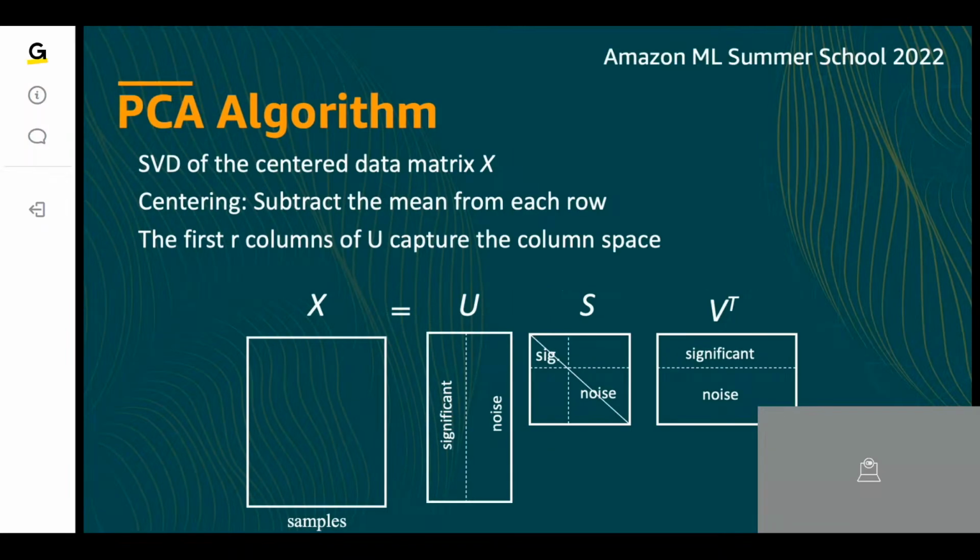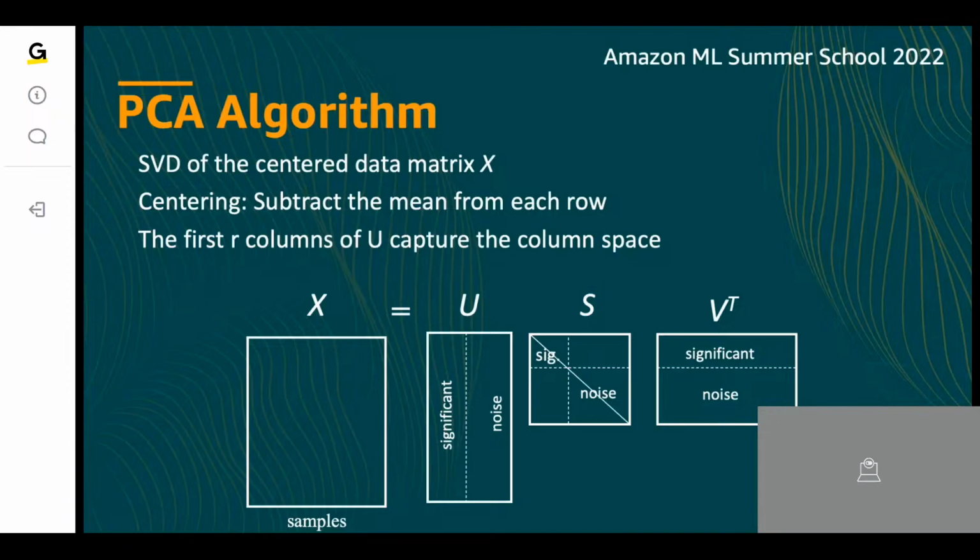PCA is actually the SVD of the centered data matrix X. A centered data matrix is one where you take the mean of each row of the matrix X and subtract it from that row.